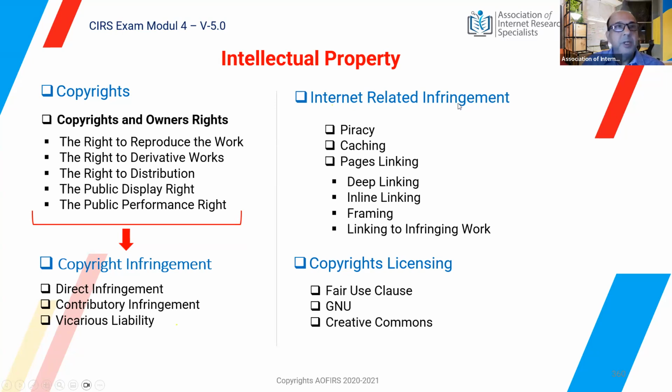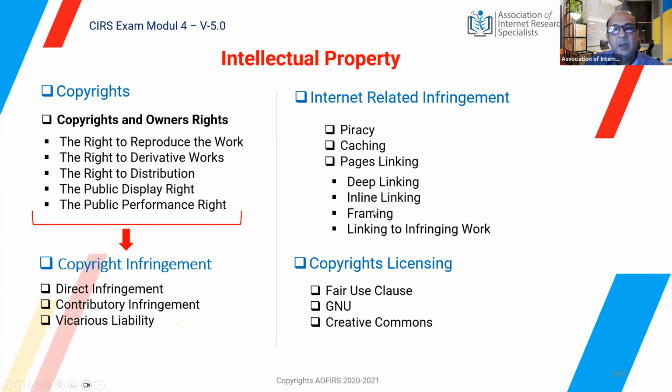Internet related infringement that is also under the domain of copyright infringement comes in different forms. We have discussed as examples for the online information for reuse, that includes piracy, caching, page linking, and within page linking, there is deep linking, inline linking, framing, and linking to infringing work.